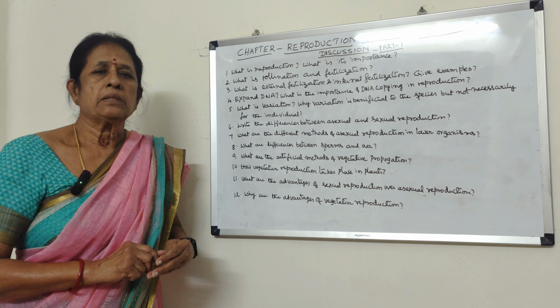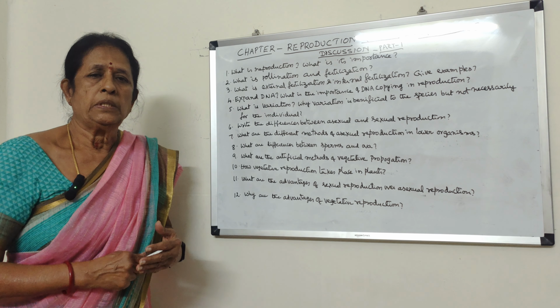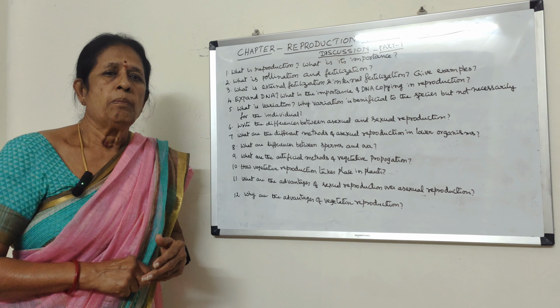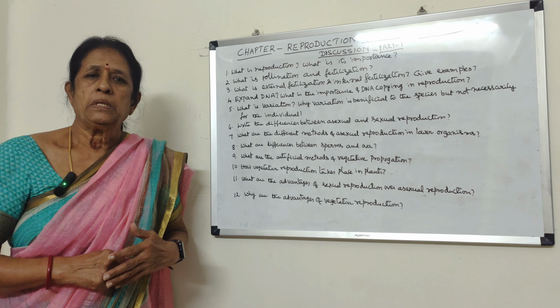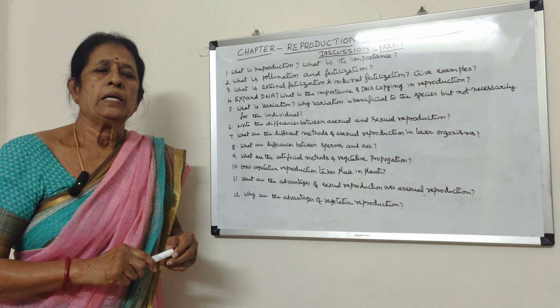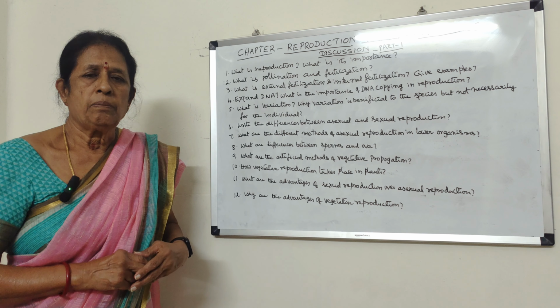During unfavorable conditions, amoeba and paramecium undergo a special type of fission called multiple fission. Multiple fission means the nucleus divides several times, and each nucleus is surrounded by cytoplasm and a cell membrane.